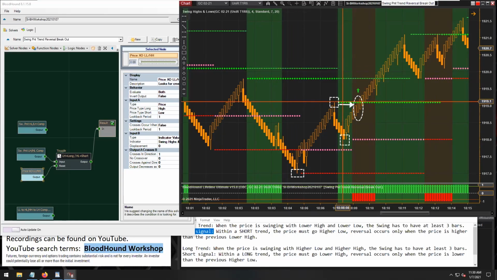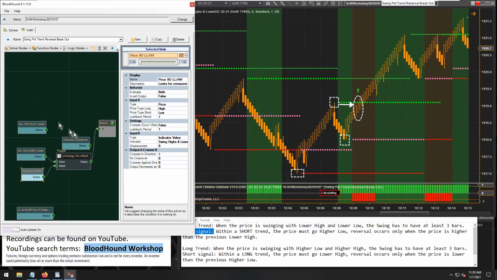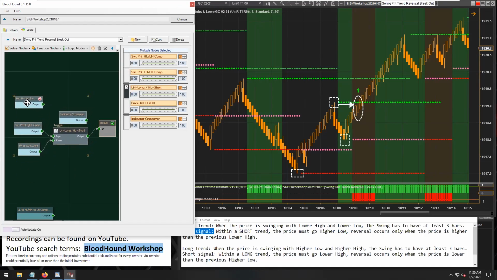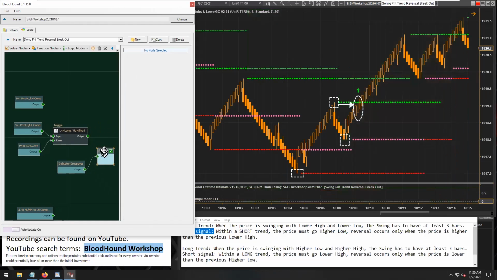But we need to look at the dotted plots. The signal is when price crosses the dots, not when price crosses the hash line. So let's create another crossover solver here, and let's move some stuff up out of our way. All right, let's pull this down here, plug that in.